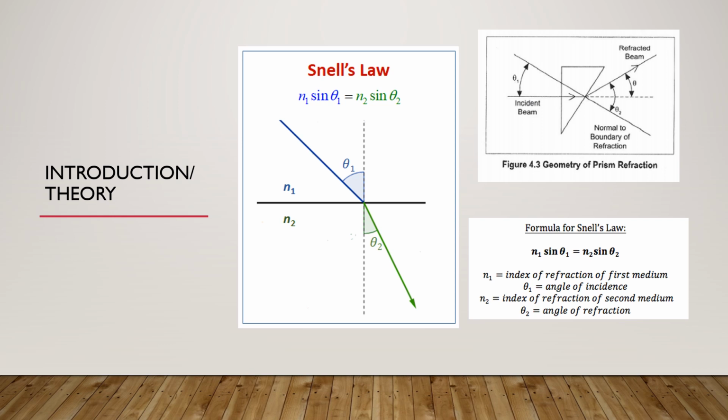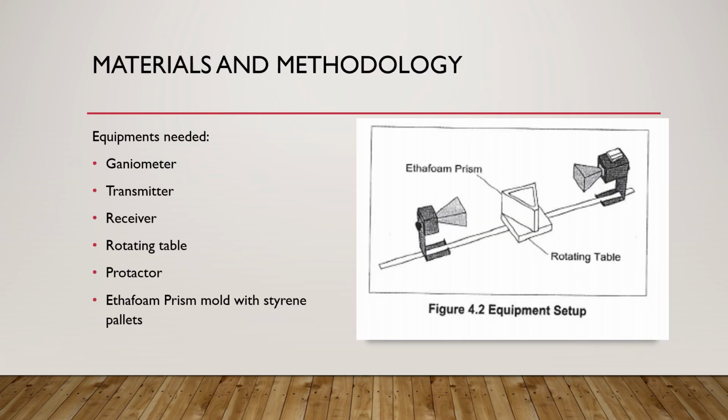Snell's law also indicates that the ratio of the wave speed in vacuum and in the material equals the ratio of sines of the incidence and refraction angles, which equivalently also equals the indices of refraction.